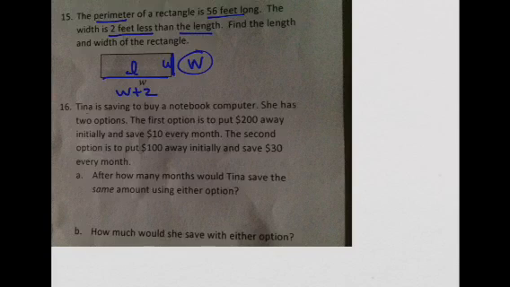Now you know that in a rectangle, opposite sides are equal. So this is W and this is W plus 2. So the perimeter, the distance around, is 56 feet. And so if you go all the way around, you have 4 W's, right? You add up all the W's, plus the 2 here and the 2 here, that's going to be 4.